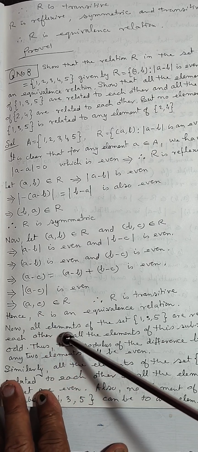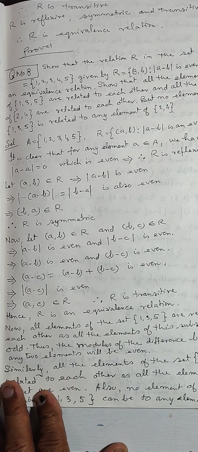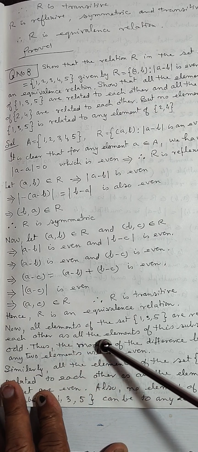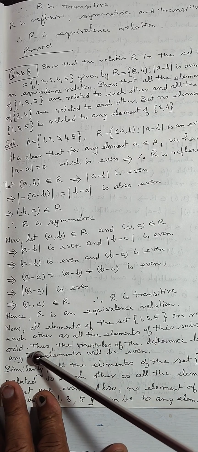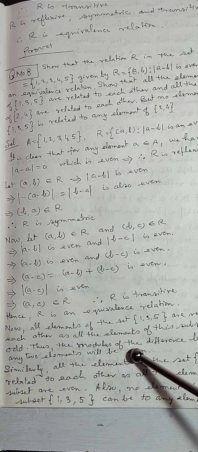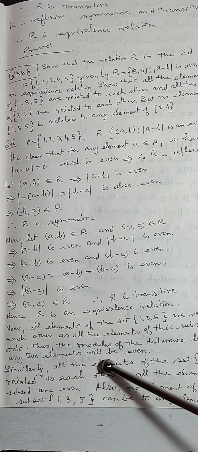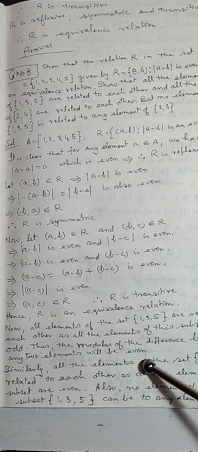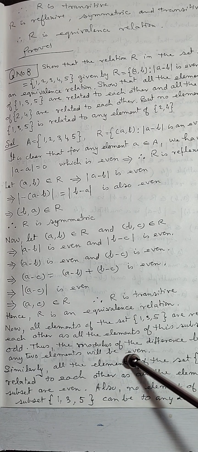Now, all elements of the set {1, 3, 5} are related to each other, as all elements of this subset are odd. Thus, the modulus of the difference between any two elements will be even. दो odd number का जो difference होगा always even होगा.